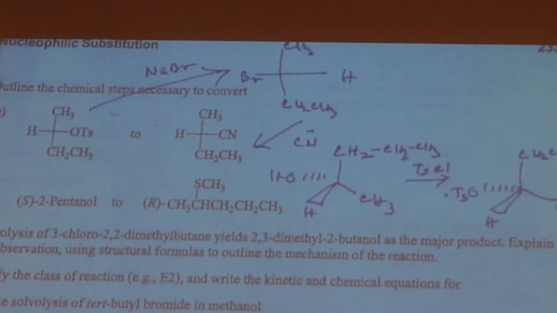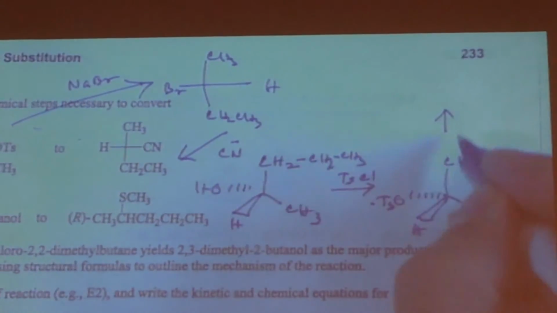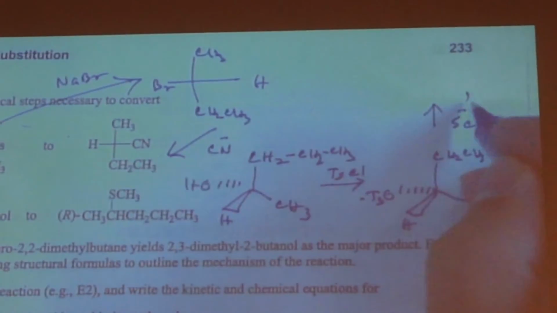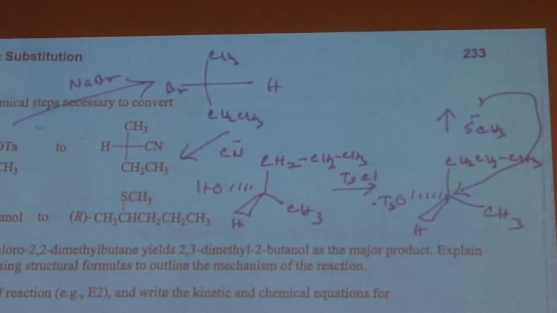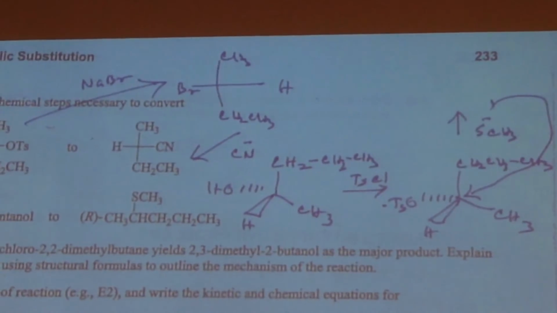Okay, and then you carry out a reaction with SCH3 minus. That is going to attack from the other side, and you'll have a complete inversion of configuration. Right? You know what the structure is. That will be R.